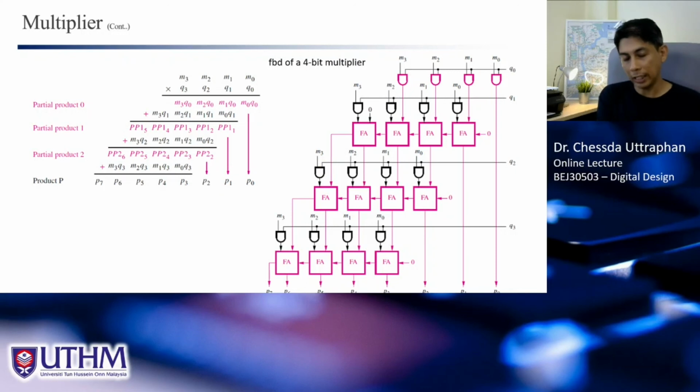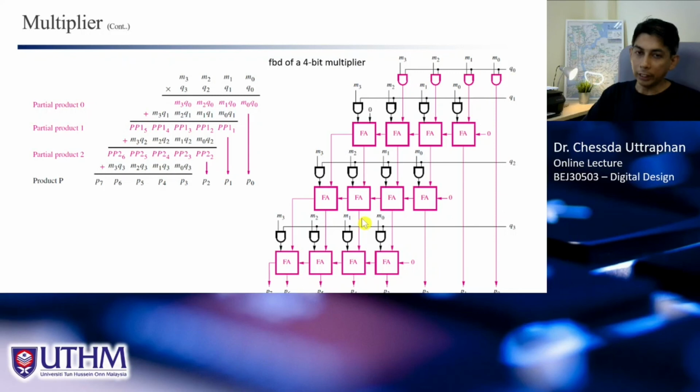So you see, the multiplier can be created using adder, and it is, of course, more complicated as compared to adder. Although it is 4-bit, if we have 4-bit, how many adders do we need? We need 12 adders, right? For an add operation, if 4-bit, we only need 4 adders.